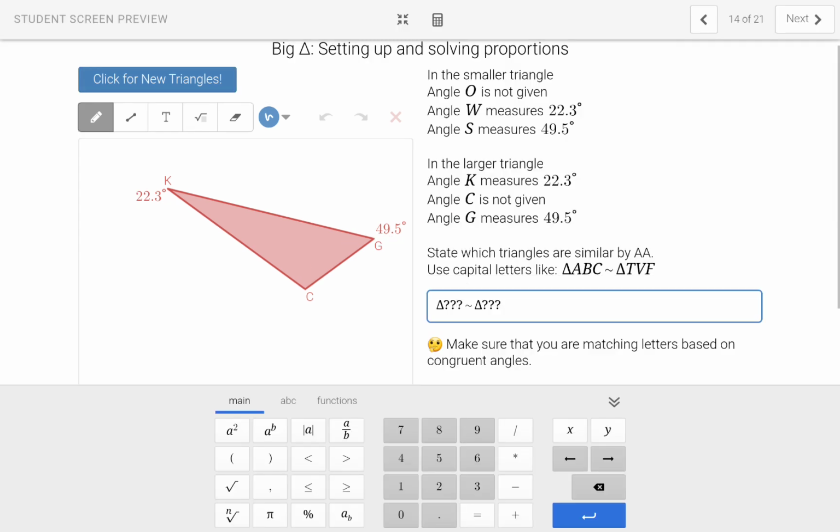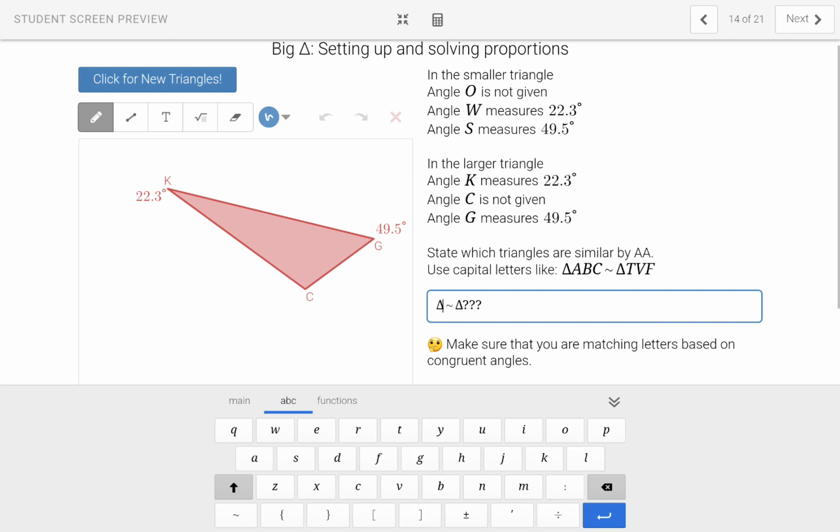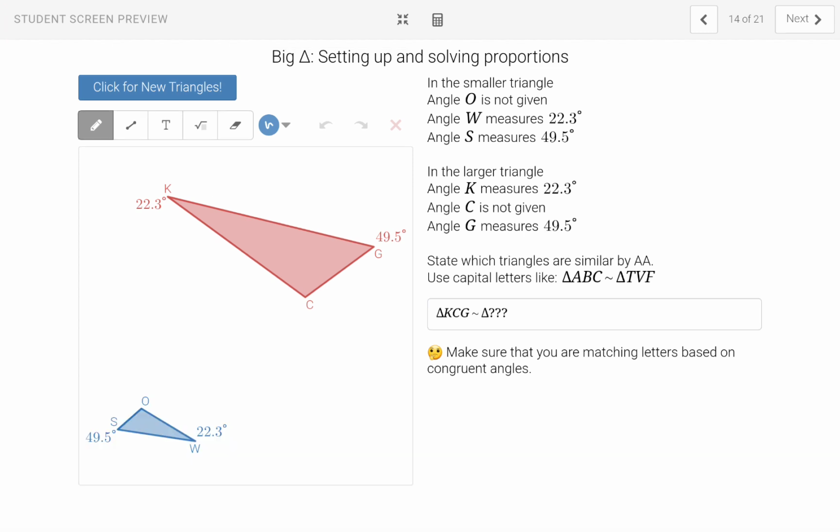So you have to make sure that you're matching up your angles correctly. So this triangle, you can put these in any order. So let's just say KCG, capital KCG. But then you have to look and match up.